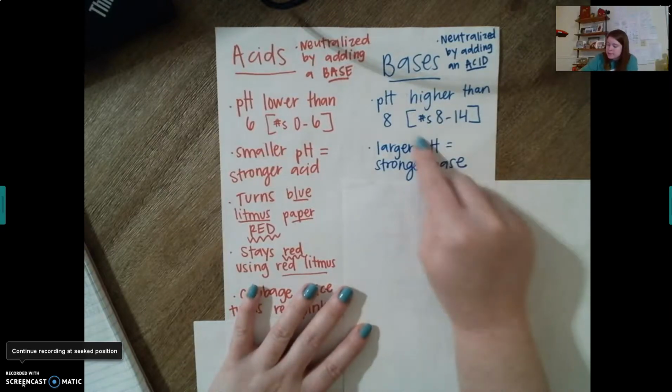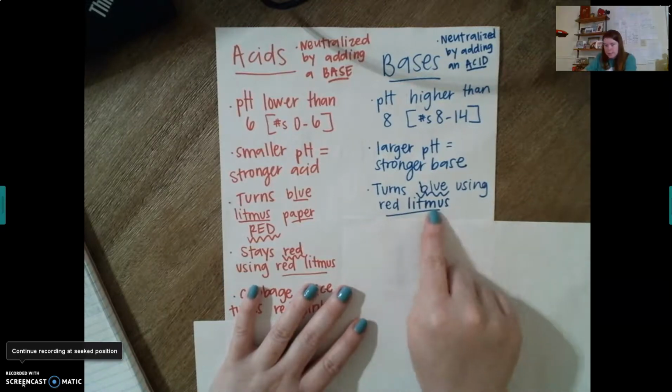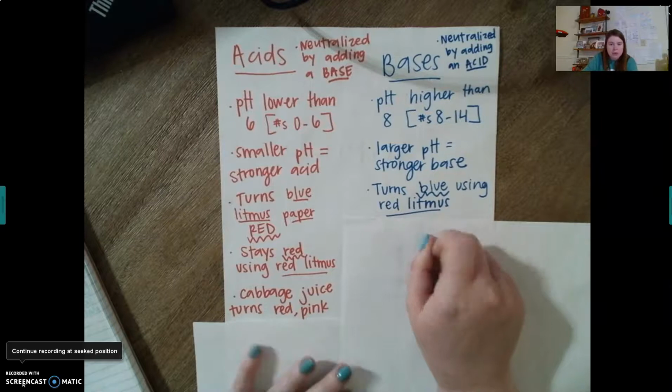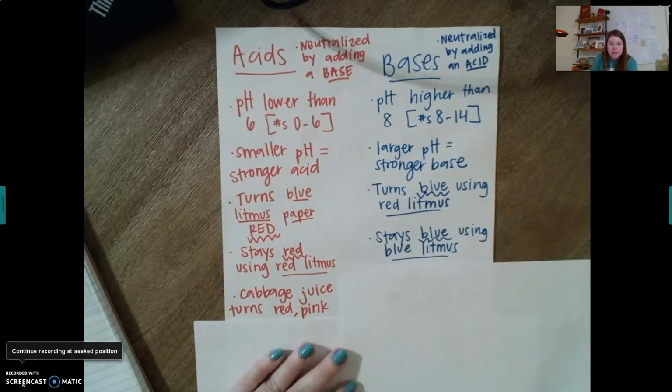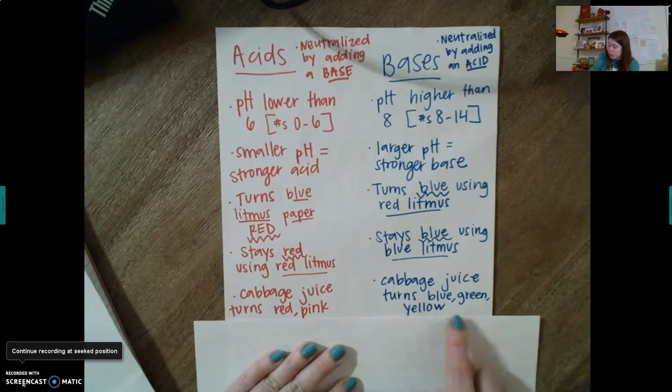So bases, we're going to notice, are going to consistently turn things blue. So as I use red litmus paper, bases are going to turn that red litmus paper blue. Bases are going to stay blue when I'm using blue litmus paper. And when I pour cabbage juice into them, bases are going to turn blue, green, or yellow.